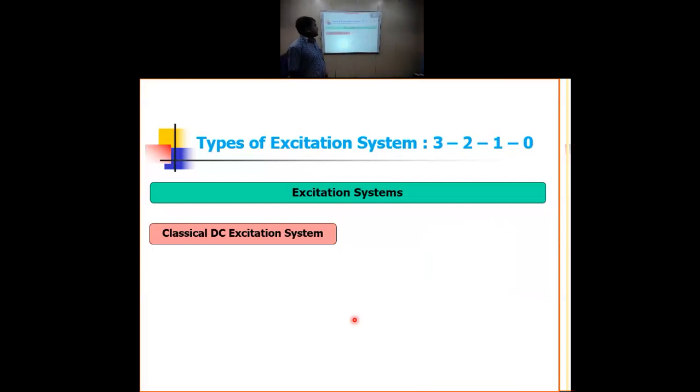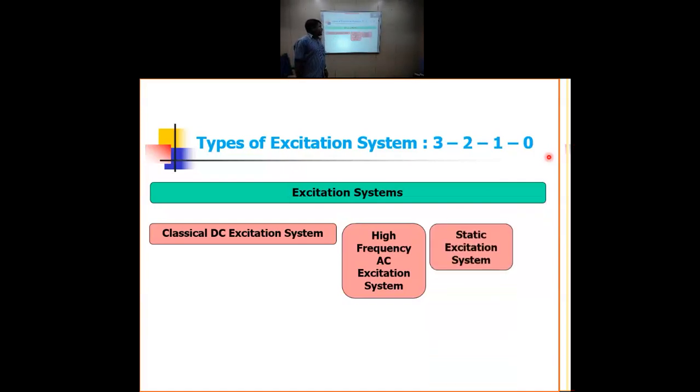Initially, in the classical DC excitation system, slip ring and brushes were at 3 places. Then in the high frequency excitation system, an improved version, slip ring and brushes were at 2 places. And the static excitation system is a further improved version, with slip ring and brushes at only one place. So that's why I have written 3, 2, 1.